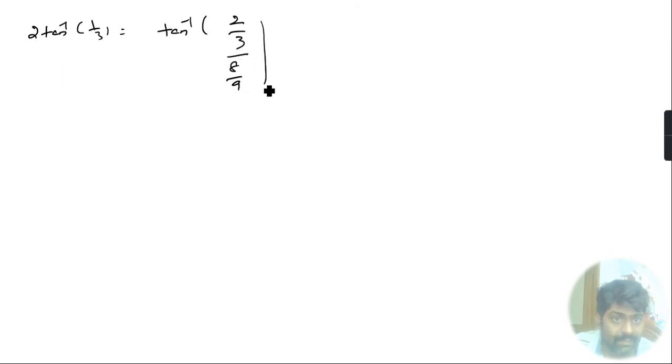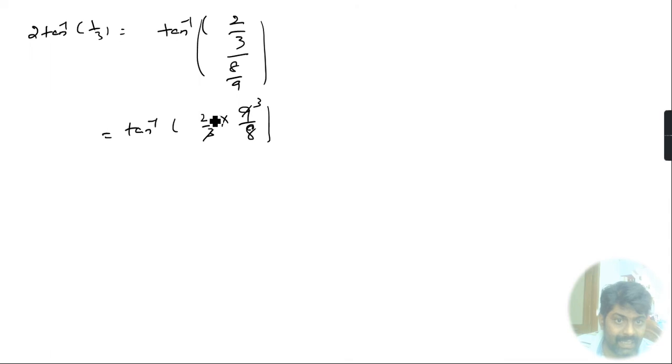That is 2 tan inverse x equal to 2 tan inverse of 1 by 3 equal to tan inverse of 2 by 3 by 8 by 9. We get that tan inverse of 2 by 3 into 9 by 8.